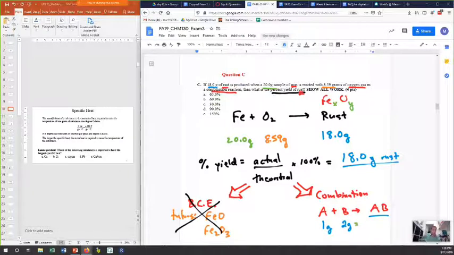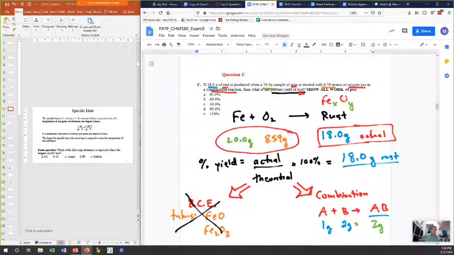According to the law of conservation of mass, I made 3 grams. I cannot create nor destroy matter, which means I know the mass of the product produced. How is that relevant here? The 18 grams is what I could have actually made. The theoretical amount would be the sum of these two.